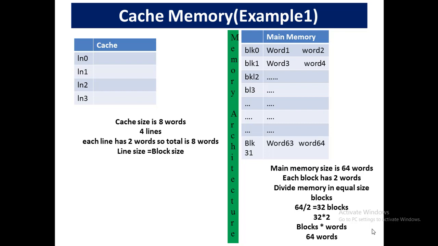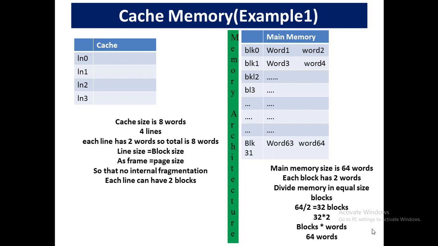And the other thing, in cache lines, the full blocks of main memory will be stored. As we have discussed in previous lectures, in the concept of virtual memory, the frame size should be equal to the page size, so that there would be no internal fragmentation.